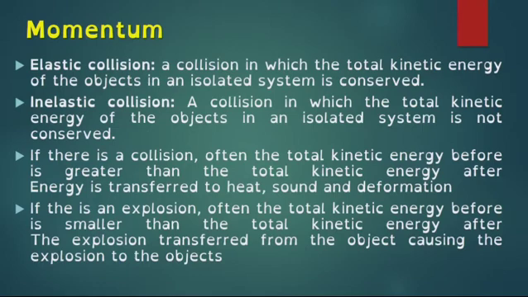Whatever triggers the explosion, so let's say, for example, a spring between two trolleys, this explosion transfers energy from the object that causes the explosion, the spring, and it takes that stored energy and transfers it to the objects that are being pushed apart. This is something that I find very interesting, and if you have some time, go do a couple of calculations and see if you find the same thing I do.